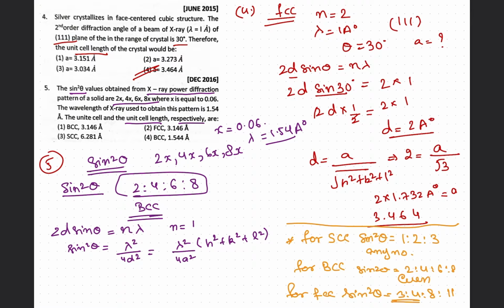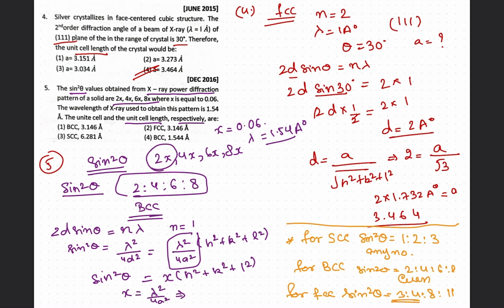Now see, for first it is 2x, right? I can write this equation like this. If I take this value as x, h square plus k square plus l square, so what is x? It is lambda square upon 4a square.